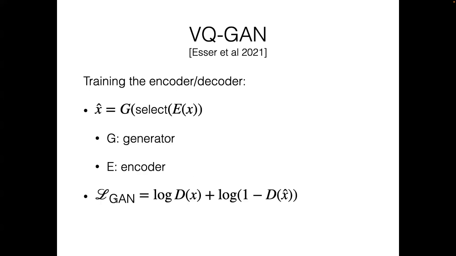And if you haven't seen these generative adversarial network or GAN losses before, this is what it ends up looking like. You additionally have a discriminator that takes in an image and a generated image and tries to increase the score of a true image and decrease the score of a fake image.